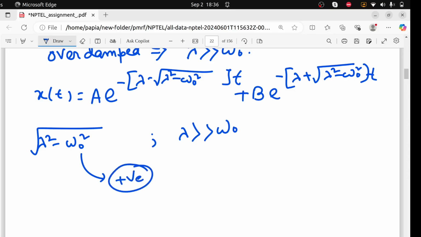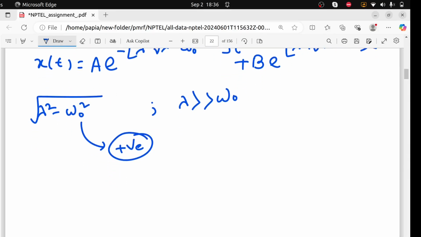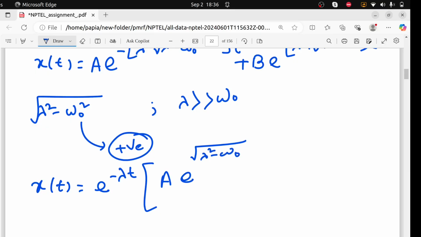So we will end up with simply e to the power minus lambda t, times a e to the power root over lambda square minus omega 0 square t plus b e to the power minus root over lambda square minus omega 0 square t.